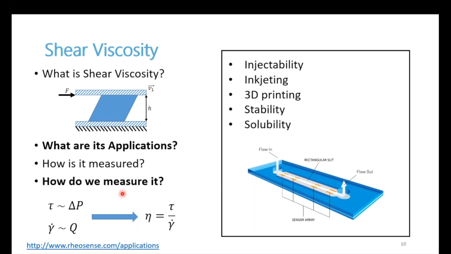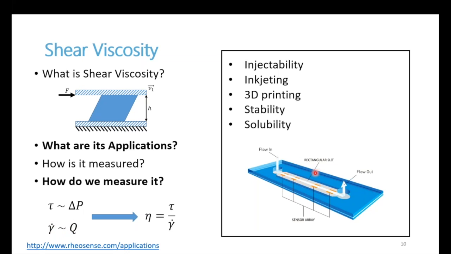So I covered in the previous slide a few different methods to measure these different types of viscosity. So how do we measure it? This is the sketch for our technology. You can see that it's a microfluidic channel where you're going to be pumping a fluid at a known flow rate. You know the dimensions of the channel, so that's going to give you the shear rate from the flow rate.